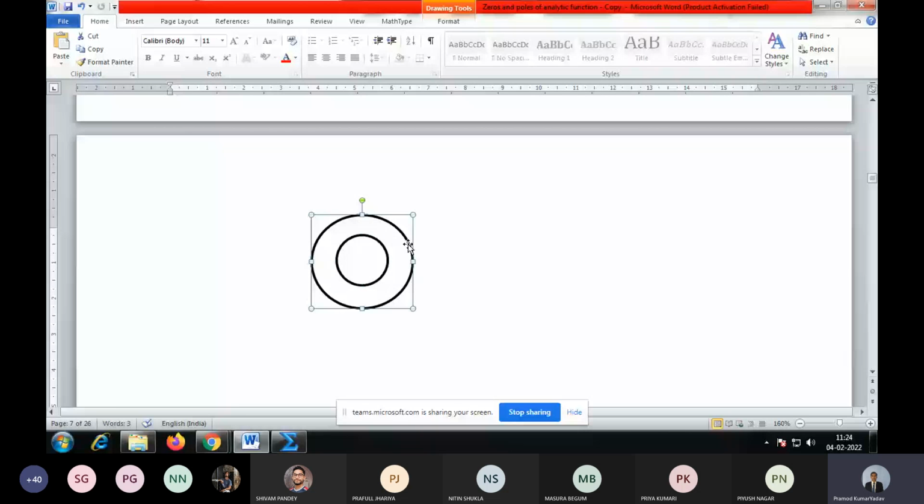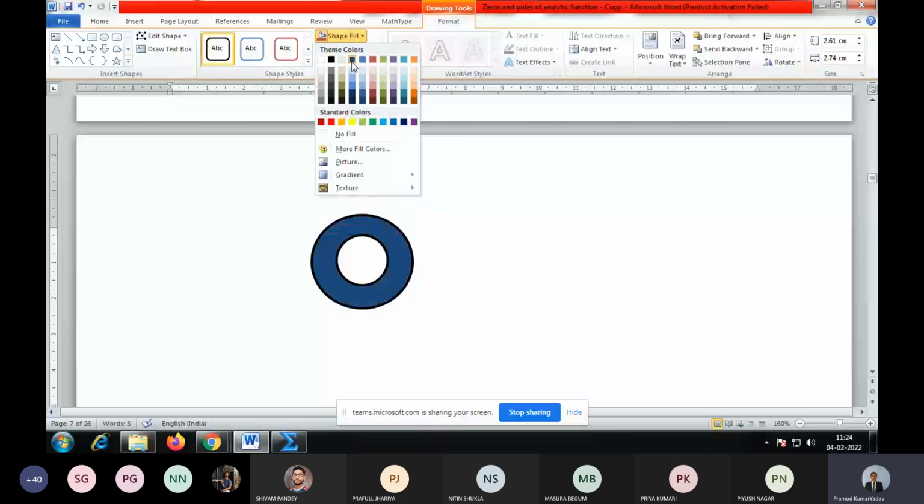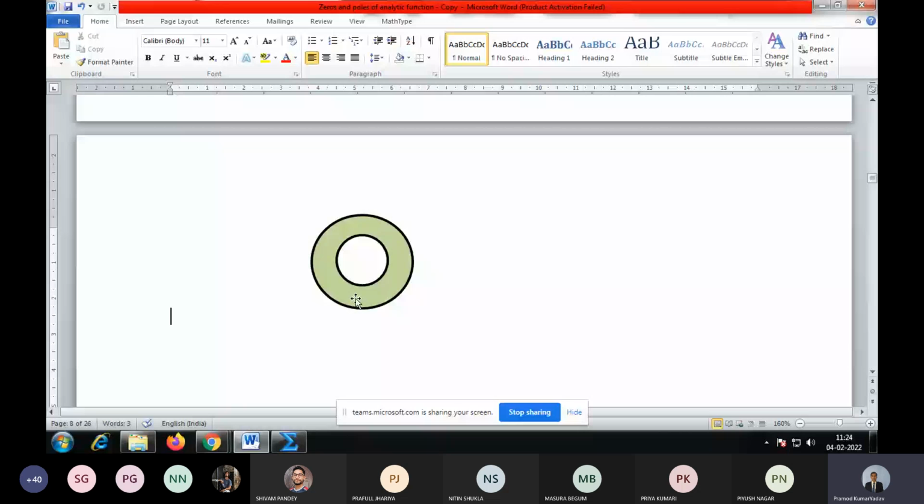So what is going to happen? The function is analytic within a region, in an annular region.